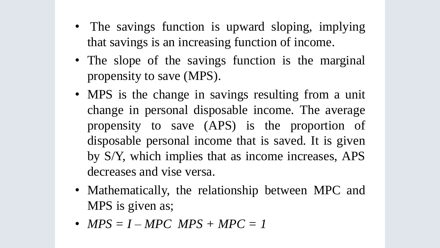Now, the propensity to save is simply the change in savings resulting from a unit change in personal disposable income. So you have the average propensity to save, which is simply the proportion of income saved, that is savings divided by income.